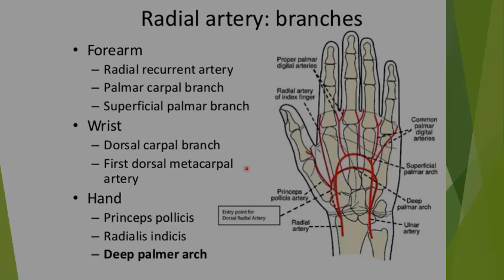Then in the wrist, dorsal carpal branch, first dorsal metacarpal artery, and on the hand, princeps pollicis, radialis indicis, and deep palmar arch. So this is the hand. These are the arteries you will see which are supplied by the radial artery.